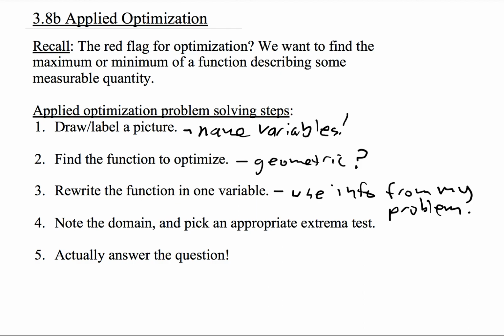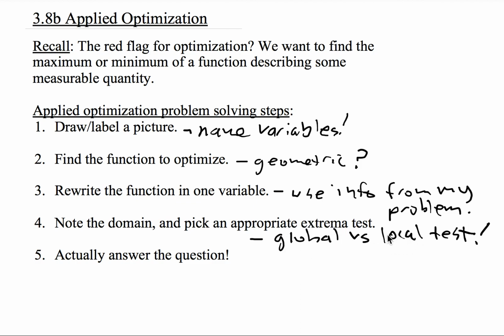On my next step, we've said that we have to note the domain and pick an appropriate extrema test. Now, for this guy, you have two options. Basically, the global test versus the local test. For your global test, remember that's the one that you're working on a closed interval, you've got a continuous function, all your points go back into the original function.